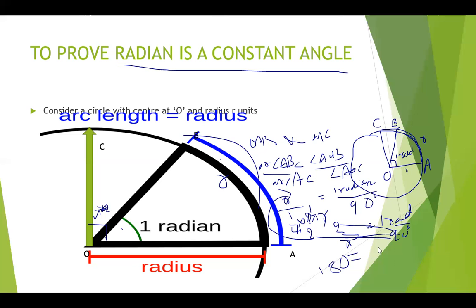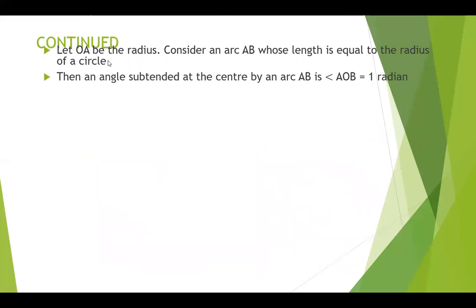It is 22/7 into 1 radian, meaning pi radians. That means 3.142 radians is equal to 180 degrees. Now you can see the proof. Consider a circle with OA as the radius.